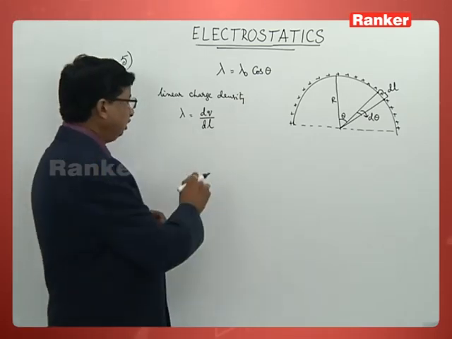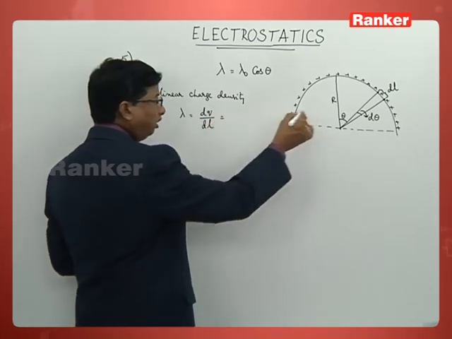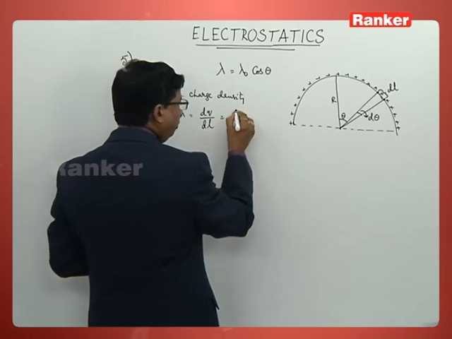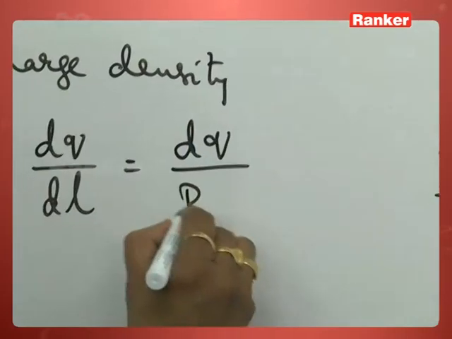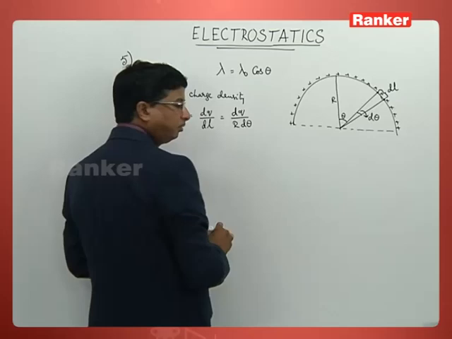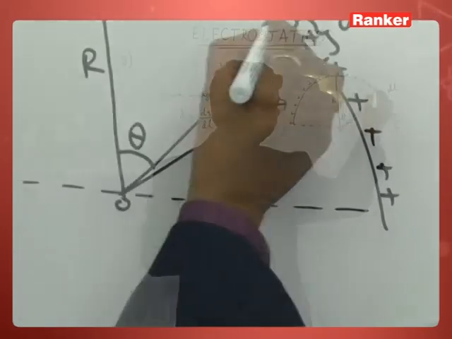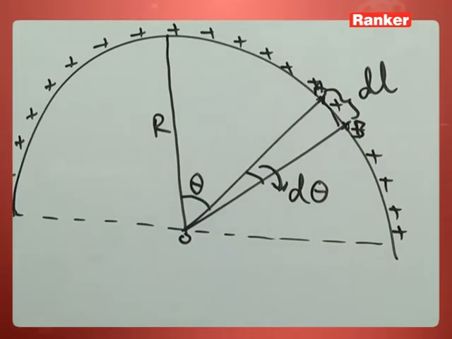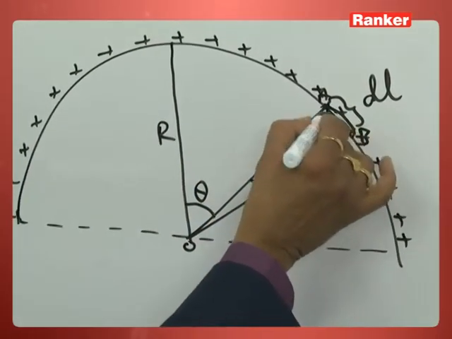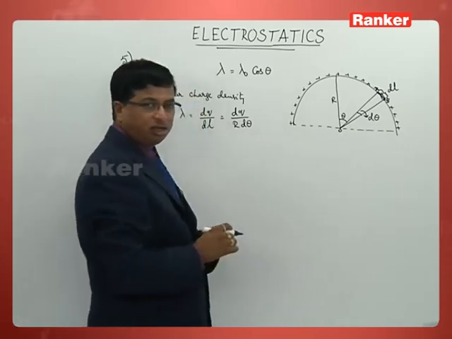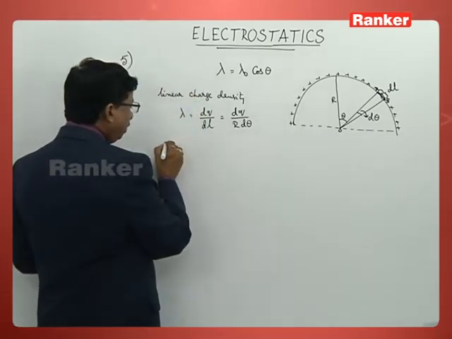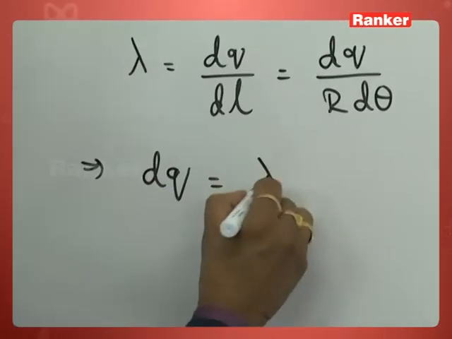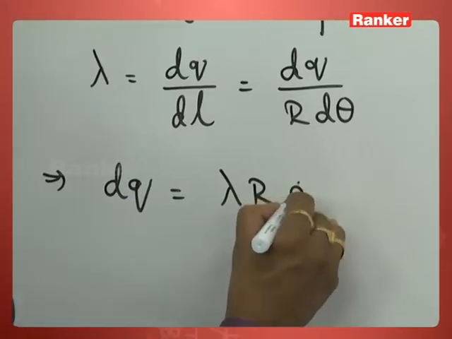Now the concept here is, what is this dl? You can certainly understand dl can now be taken as r d theta. If I consider this OAB like, for example, a sector, then you can definitely understand this dl is going to be r d theta. Now I can cross multiply this one to write dq is equal to lambda r d theta.